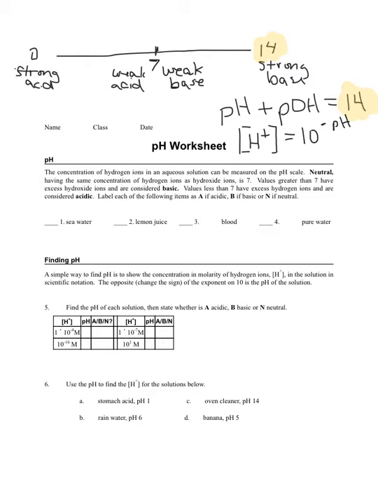So basically what I would do is, let's say I had a substance that had a pH of 6. In my calculator I would do 10, and then I would do raised to the power of negative 6. That would calculate and tell me how many hydrogen ions we have. Now to go back the other way, let's say I wanted to know what the pH was.